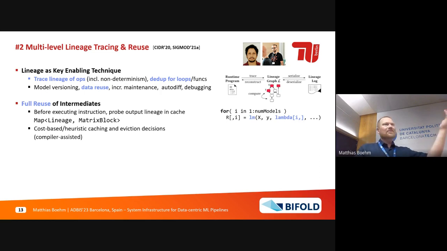Now, because we keep all this information to reproduce intermediates, at the same time we're utilizing it for reuse. So now a hash over the lineage can essentially be a key in a reuse cache. We're doing that for full intermediates. So imagine a simple grid search for a linear model where we iterate over regularization parameters and call the model training for all those different parameters. Now on the surface, this looks like there is no reuse opportunity.